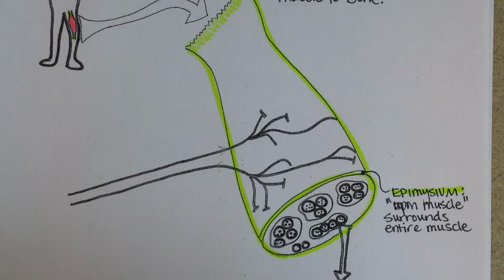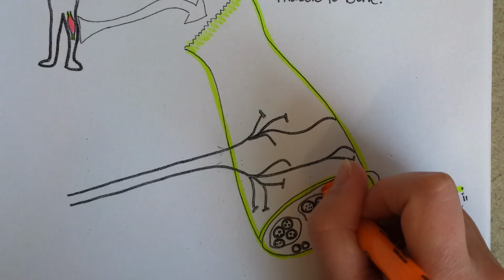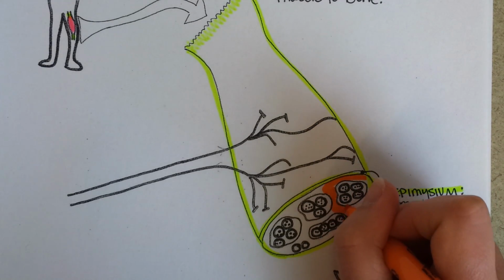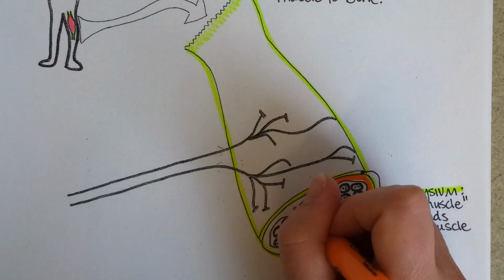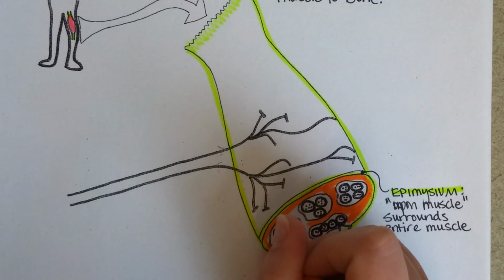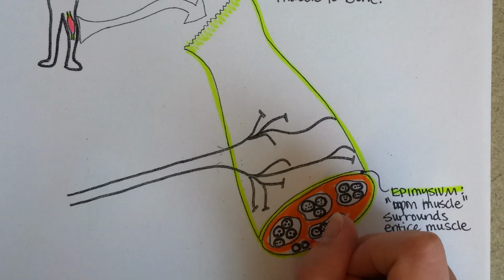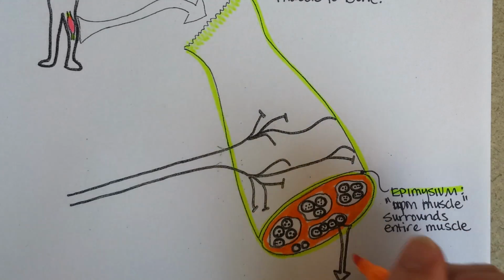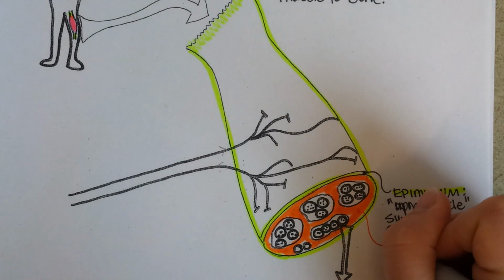And then within that, surrounding groups of muscle fibers, you have the perimysium.